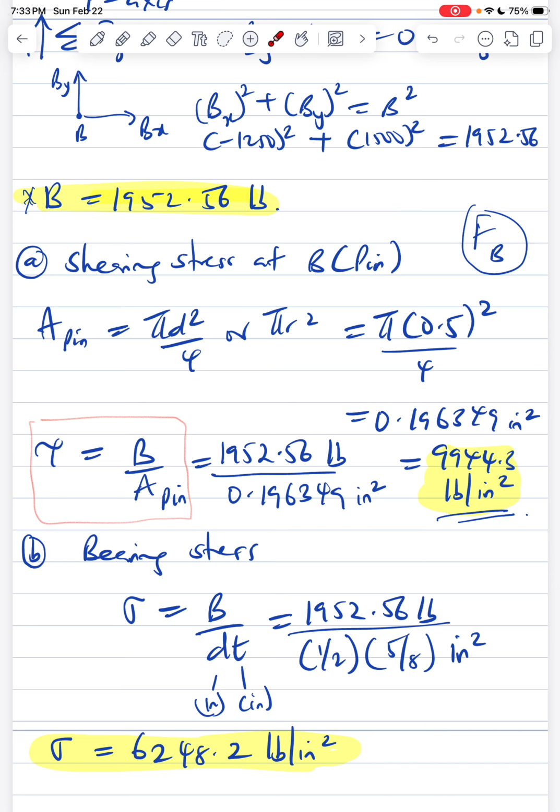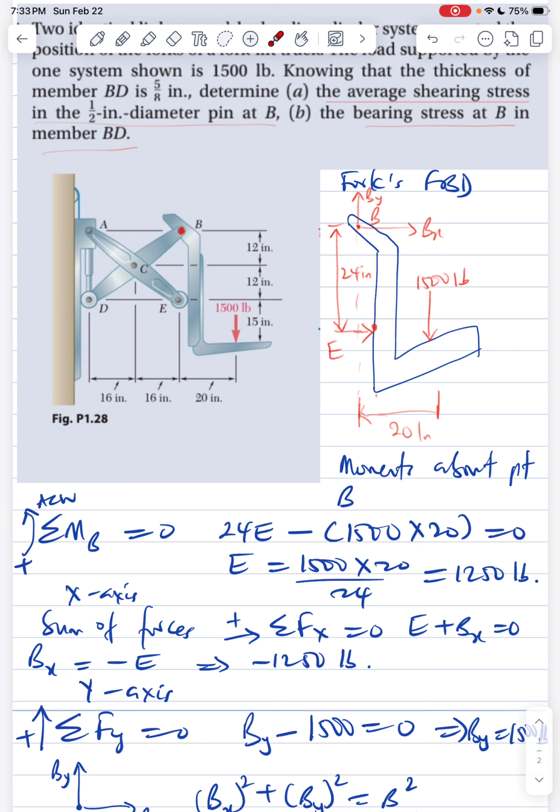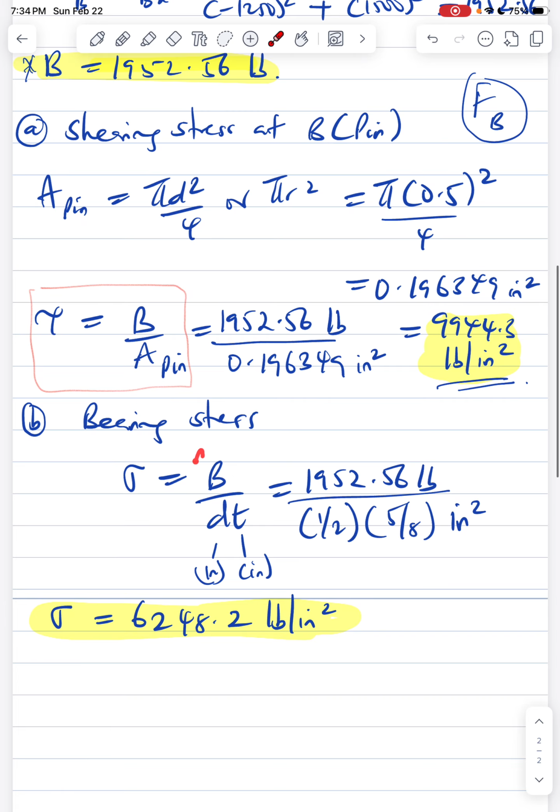Now for the bearing stress, beyond just using the force and the diameter of the pin, you also need the thickness, because the pin is going through it. When you put the pin through, the effect lasts up to the thickness of BD. So the formula is B over d times t.